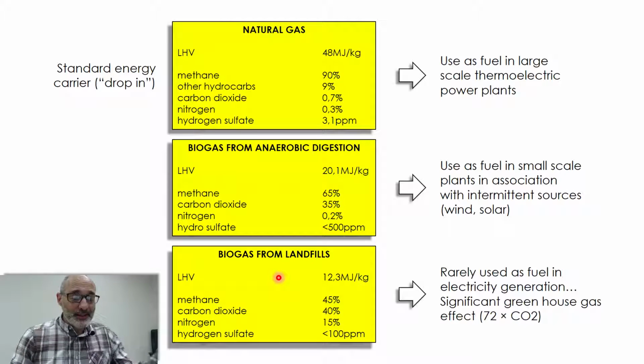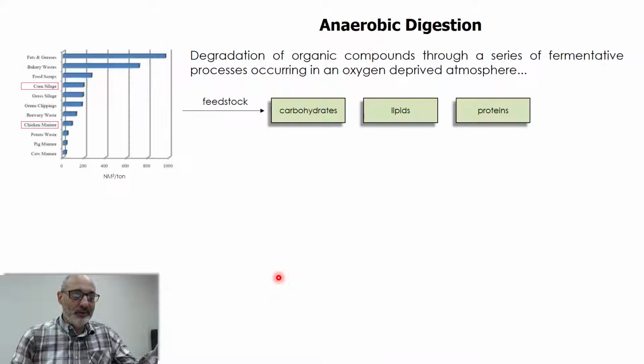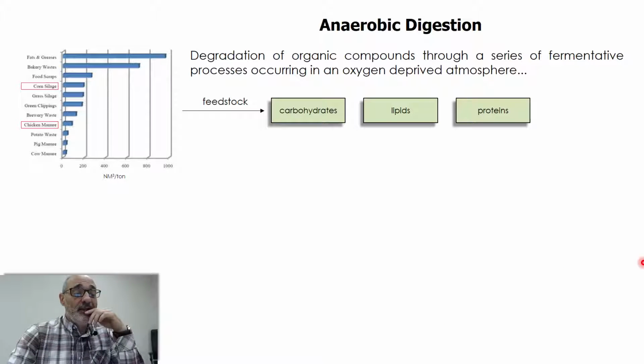So let's take a look at these reactions. The idea is that you have some kind of feedstock that you anaerobically digest, which is a degradation of these organic compounds through a series of fermentative processes occurring in an oxygen-deprived atmosphere.